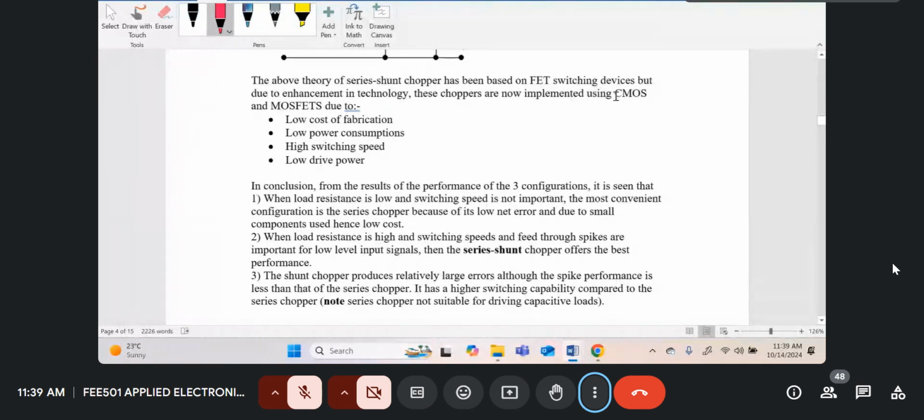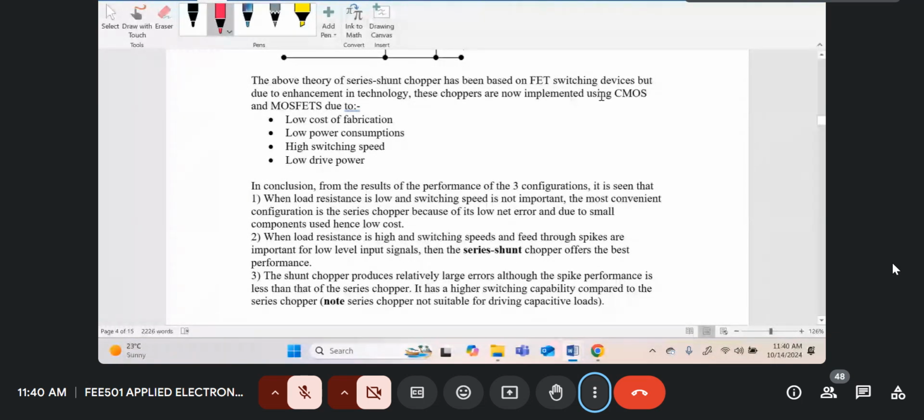CMOS are just MOSFETs actually, but they're fabricated in one chip. When you talk of MOSFETs, they're discrete devices, but you can build an equivalent CMOS circuit just using MOSFETs. Just like in digital electronics, you studied TTL, but inside TTL, they are just BJT transistors.